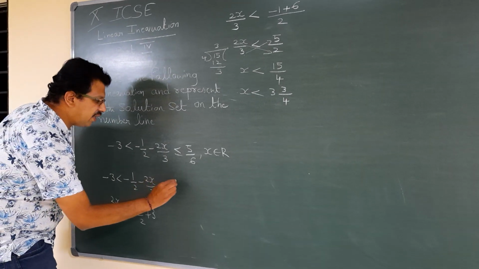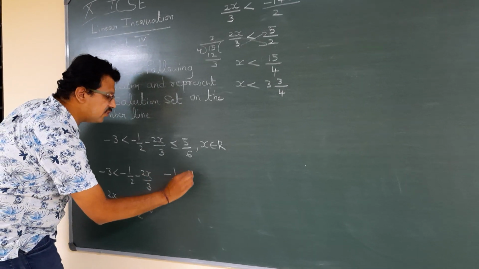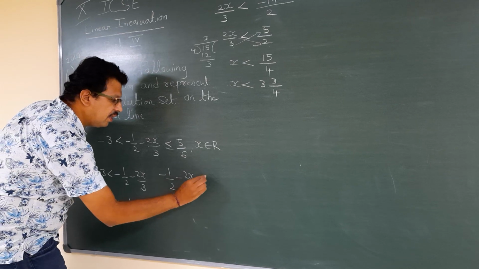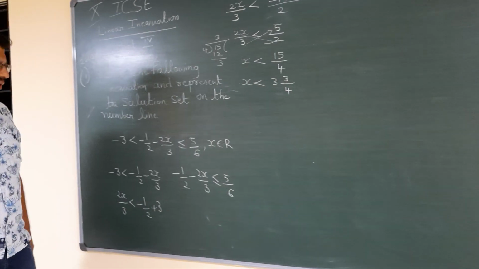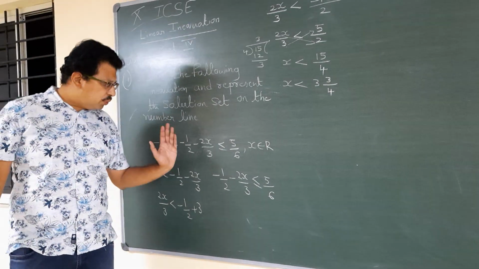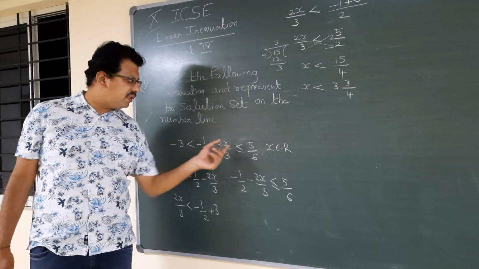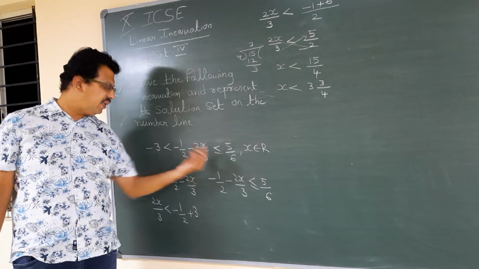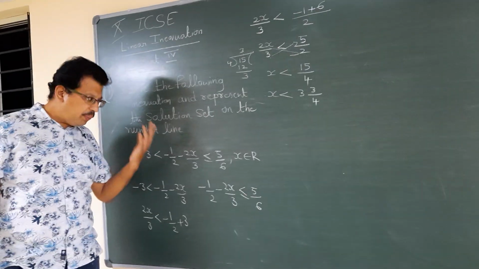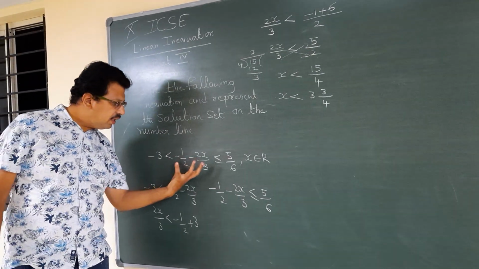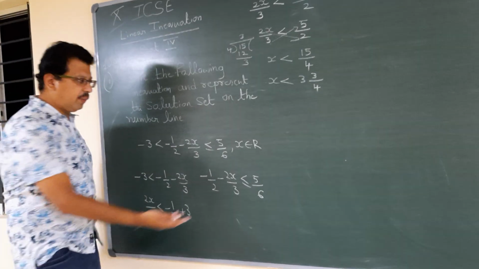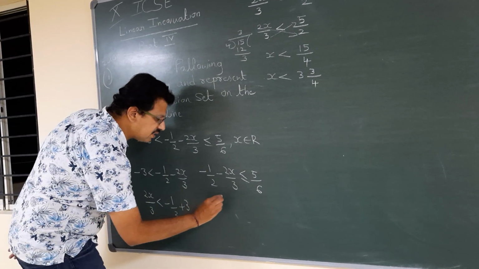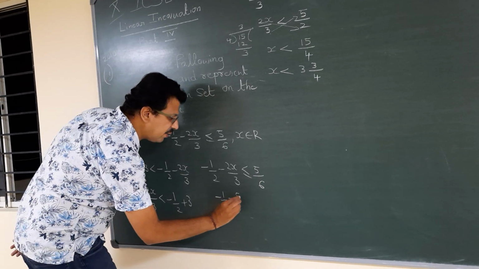It is minus half minus 2x by 3 less than or equal to 5 by 6. Be very careful, children. I have seen students take only this part, minus 2x by 3 less than or equal to 5 by 6, and leave off this minus half. So be very careful while taking the second and third and solving it. In the same way, we bring the variables to one side: minus half minus 5 by 6.